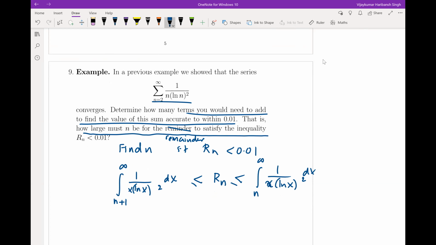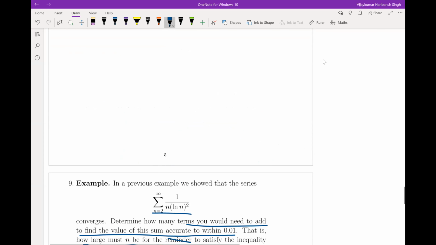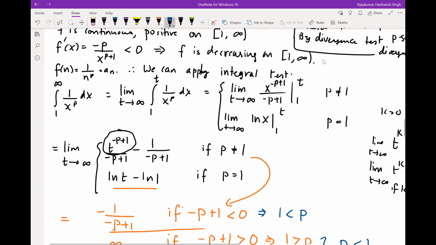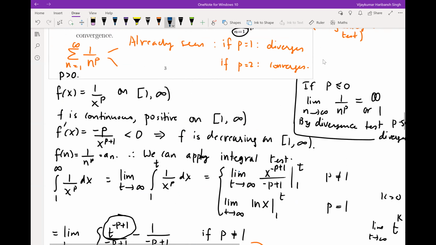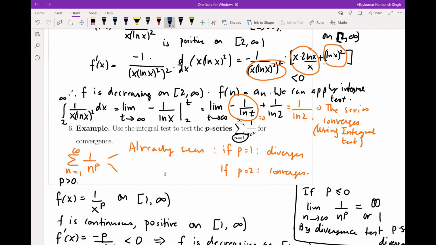So let's try to see how to find Rn in this case. If you look at this integral, what is it going to be? We have already computed this, so let's go back to the computation. There's no point in repeating the computation. The integral was -1 by ln x from 2 to t.